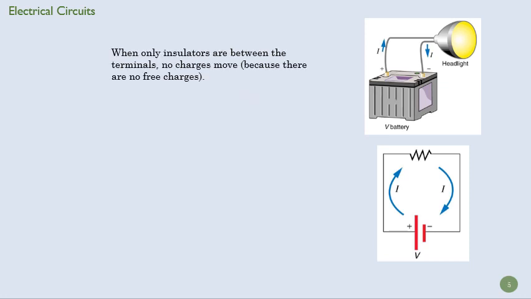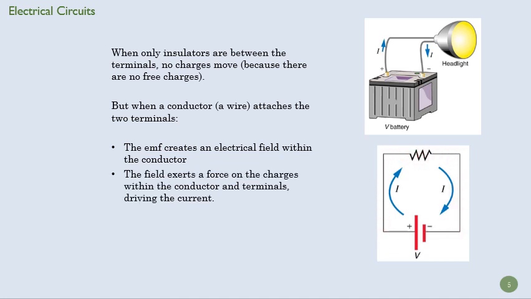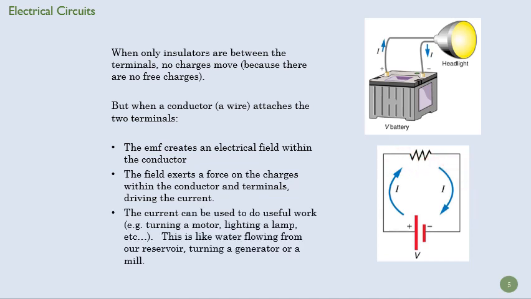Okay, so when only insulators are between the terminals, no charges move. But when we connect it, you get an electrical field that's created within this wire, right? The field exerts a force on the charges within the wire, and that drives our current. And then the current can be used to do useful work, right?